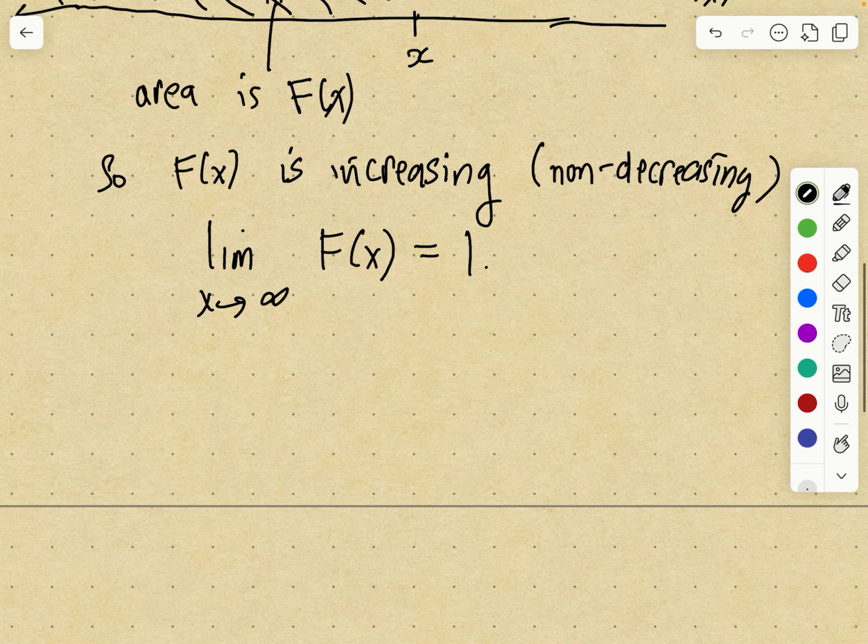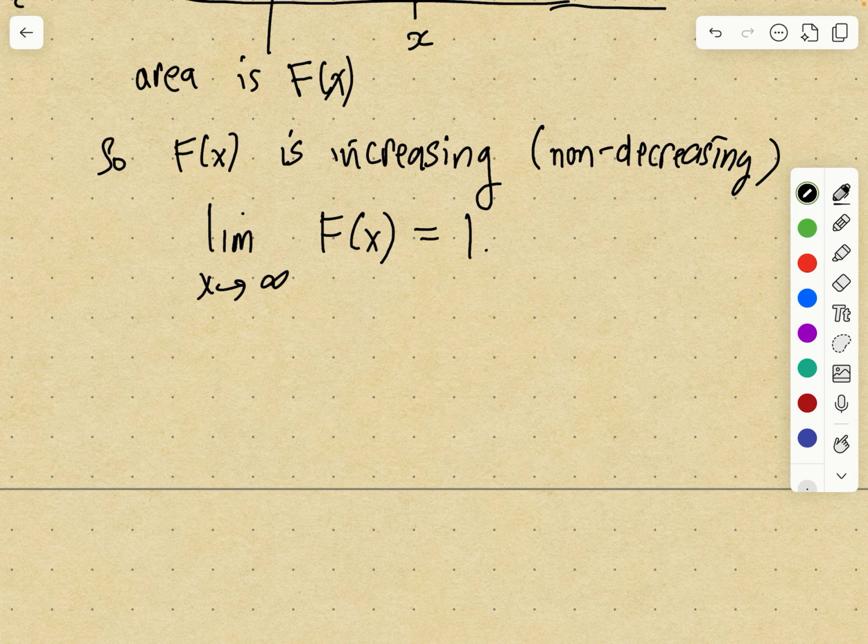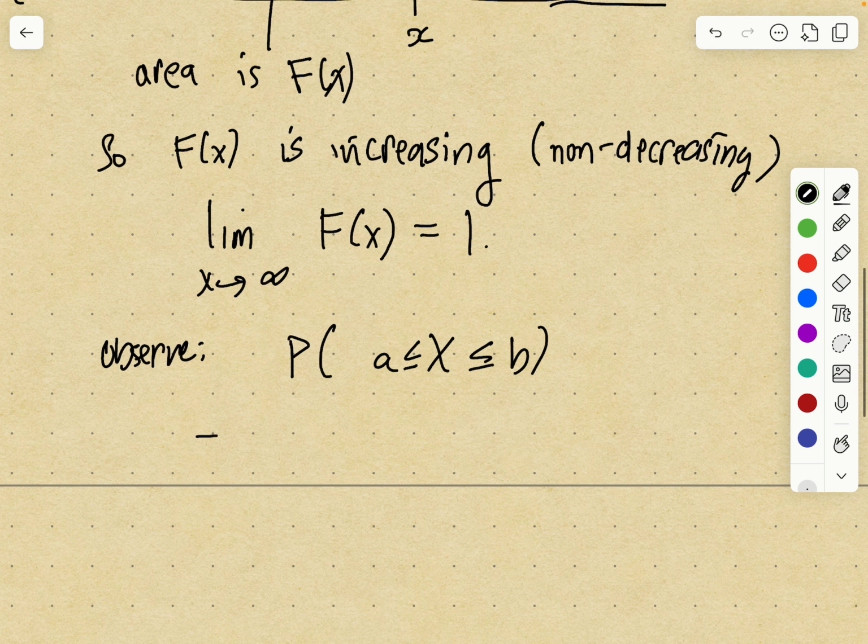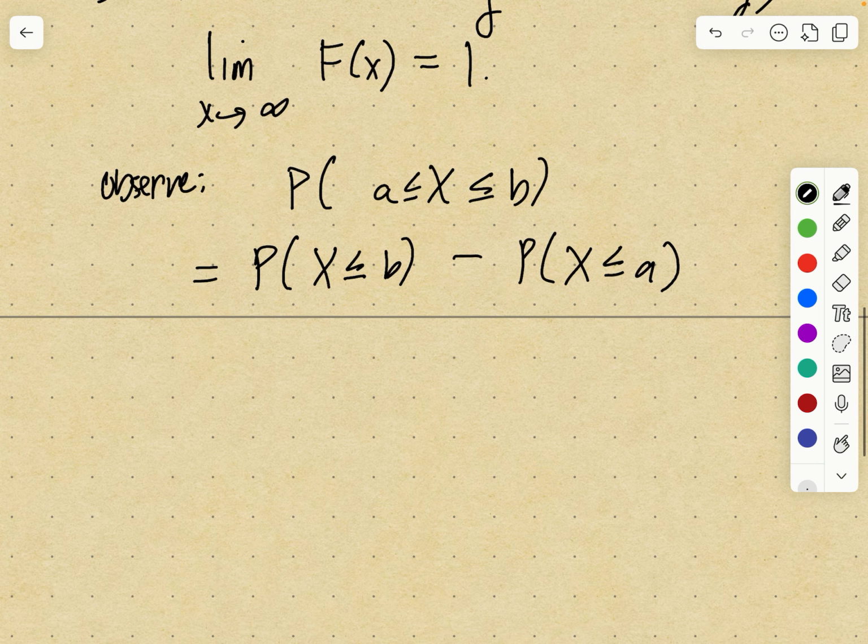Okay, before we get to some examples, maybe we should just observe that the probability that X is between a and b is the probability that X is less than or equal to b minus the probability that X is less than or equal to a, and that's equal to capital F of b minus capital F of a.